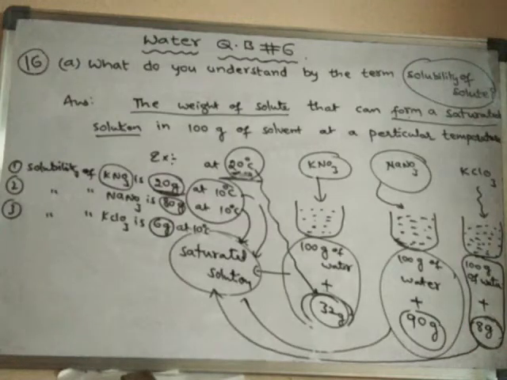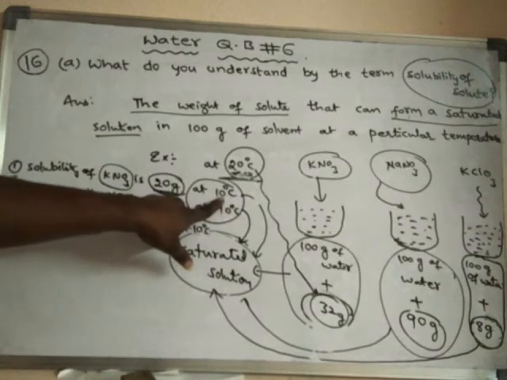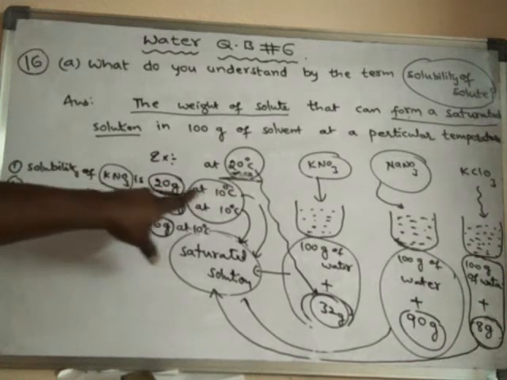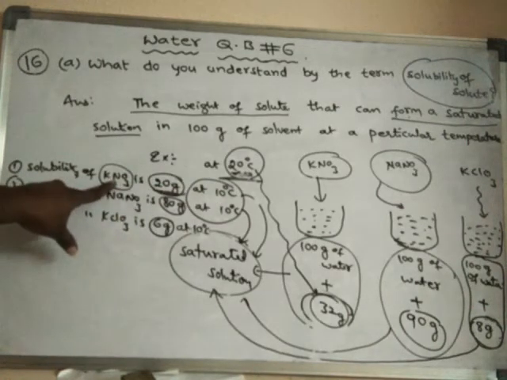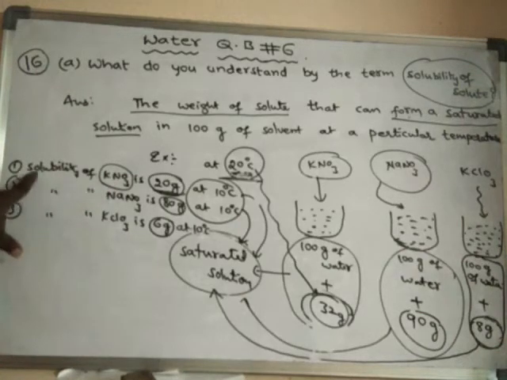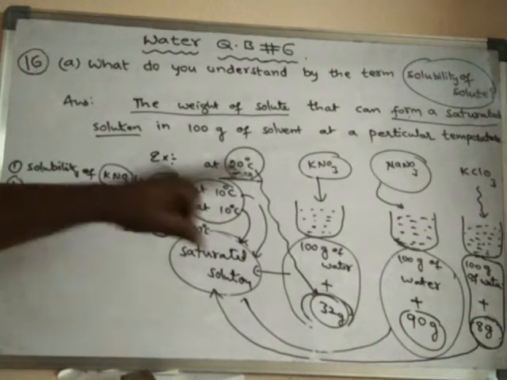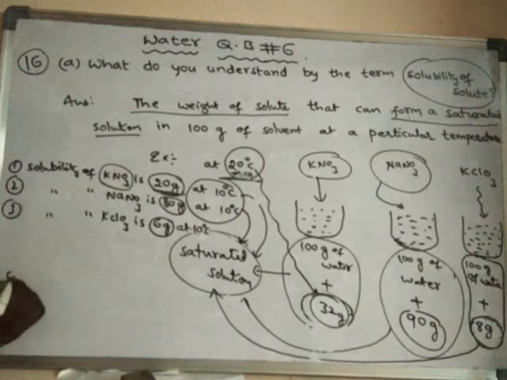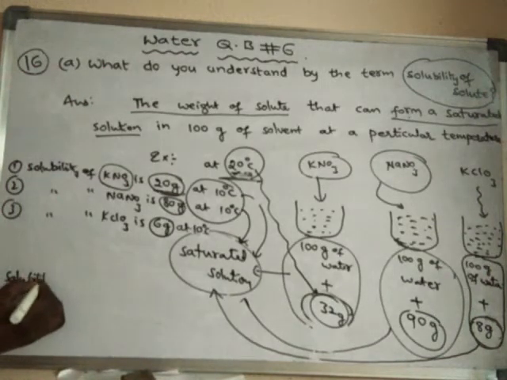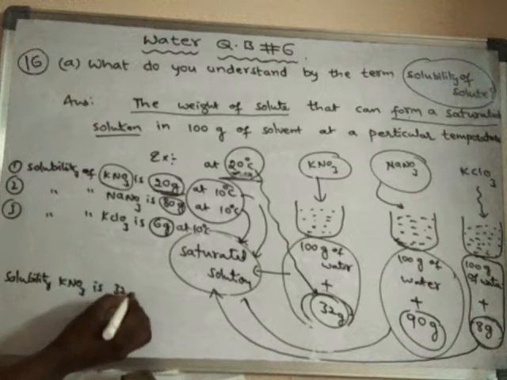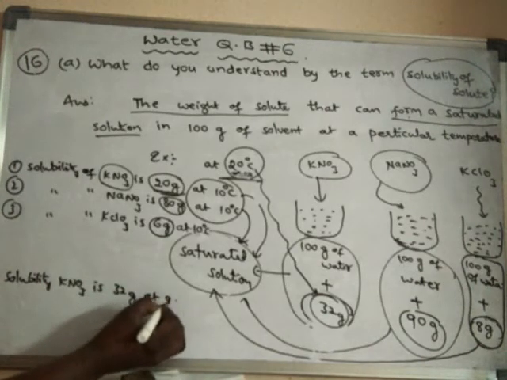The solubility of the same substance will change with the temperature. Thus, temperature has to be specified. So we have to compulsorily specify the temperature along with the solubility of that particular substance. That is why we write this statement completely like this: solubility of potassium nitrate is 20 grams at 10 degrees centigrade, or solubility of potassium nitrate is 32 grams at 20 degrees centigrade.